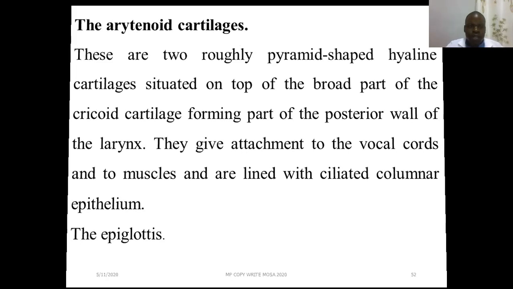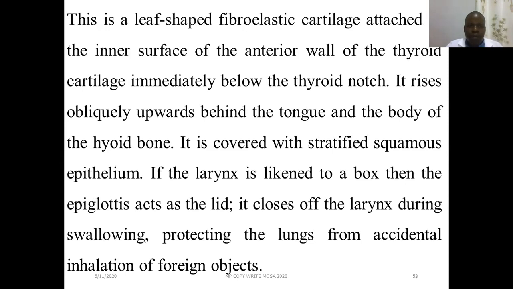The epiglottis is a leaf-shaped fibroelastic cartilage attached to the inner surface of the anterior wall of the thyroid cartilage immediately below the thyroid notch. It rises obliquely upwards behind the tongue and the body of the hyoid bone. It's covered with stratified squamous epithelium.